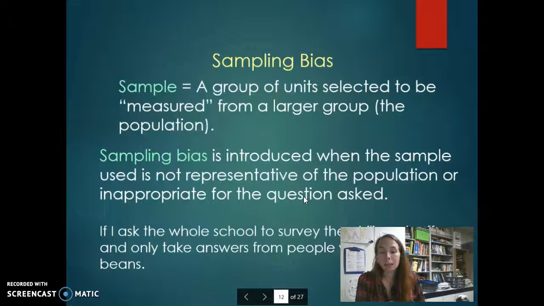So in this example, I'm only taking people who think the same way that I think. Now think to yourself, is that being objective? The answer is no. You are being biased. You have a sampling bias by taking only those people who agree with you and getting rid of all of the people who don't agree with you.